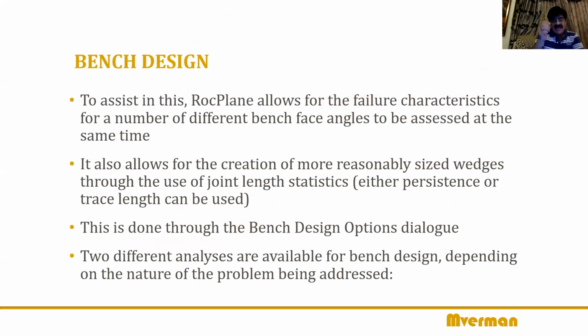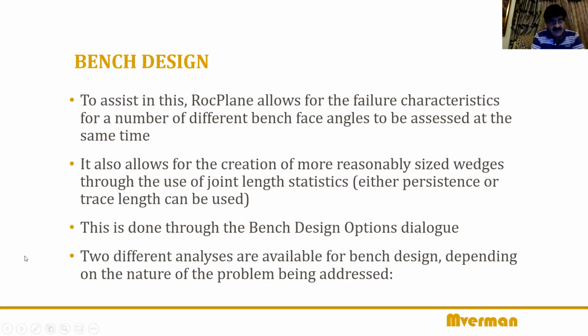The software also allows for the creation of more reasonable size wedges using the joint statistics. In the initial analysis that we did, I told you that the software is trying to fit as big a wedge as possible. But now, once the joint information is there, it will try to fit more reasonable size wedges, and once you specify the persistence, etc., which we will do.